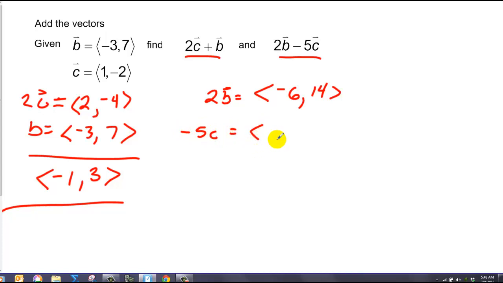Multiply those components by negative 5, giving me a negative 5 and a positive 10. And then I'm just going to add those up, getting negative 11 and 24. And there's our resultant there. So like I said, adding in rectangular form couldn't be much easier. You're just taking and adding like components.